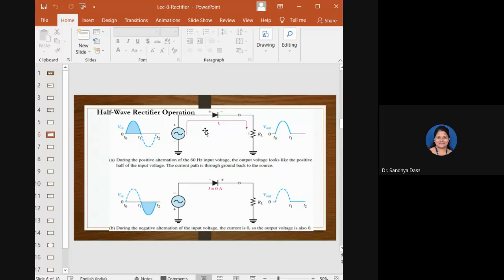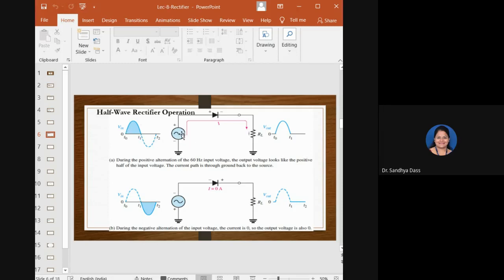Now observe what happens. You should now be in a position to understand the difference between an ideal diode and a practical diode. Assuming the diode used in this circuit is an ideal diode, when the sinusoidal input voltage goes positive, we know a sinusoidal signal varies continuously with respect to time, which is why we call it a sinusoidal signal.